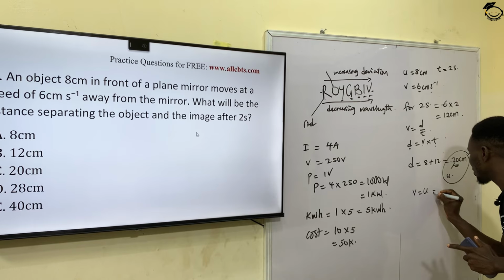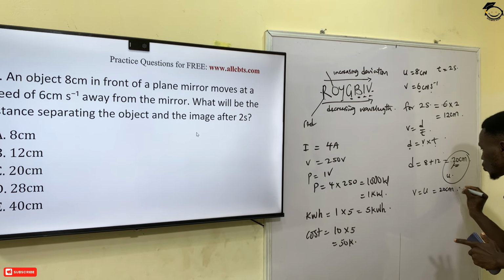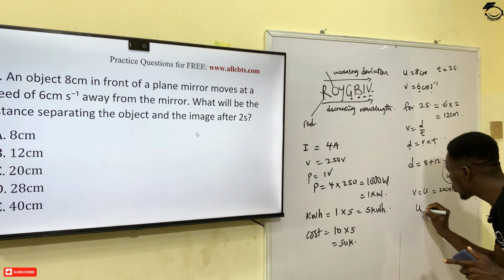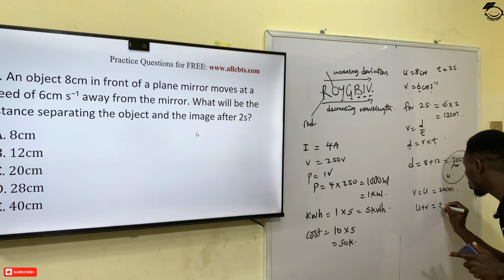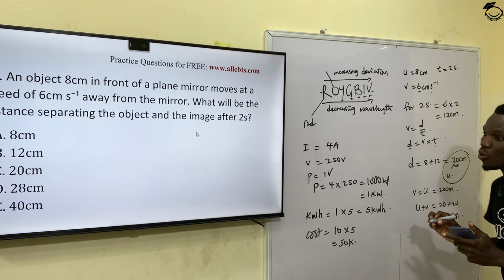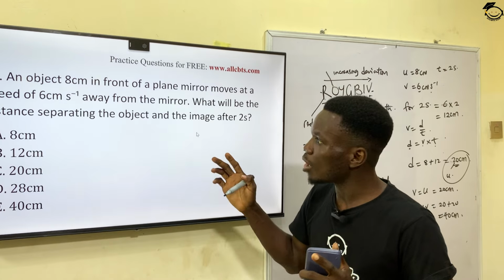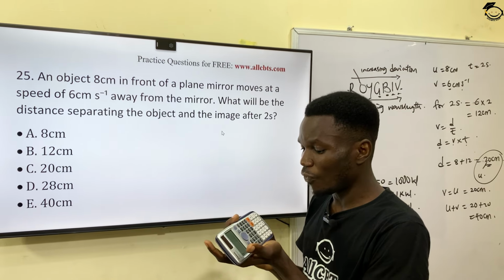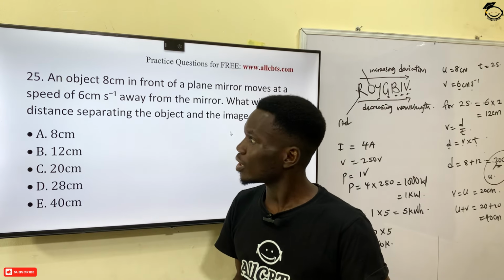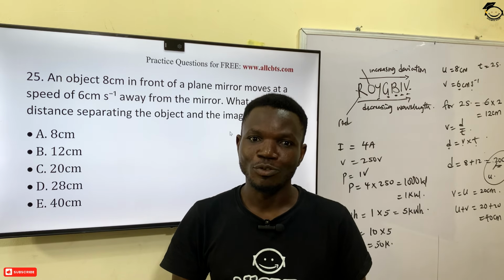So I'll be having 20 centimeters also, which means that the distance between the object and the image is going to be u plus v, and that will give me 20 plus 20, which is 40 centimeters. So from the object down to the image, what I'll be having is 40 centimeters, which is option E. So we've come to the end of today's class.